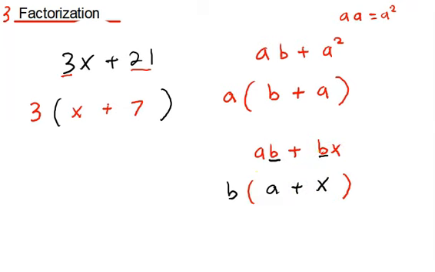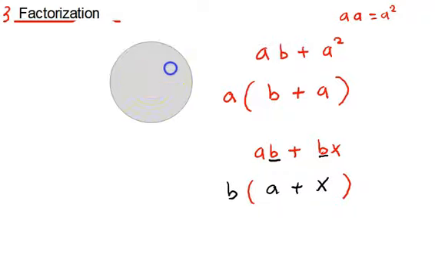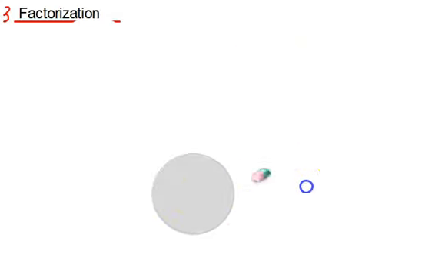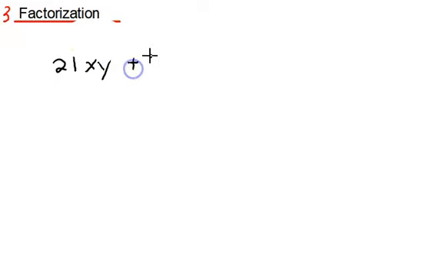Okay, now we go to the next one. Example, 21xy plus with 14x square. Now we focus on the numbers first. So numbers, we can have 7 as one of the common factors.